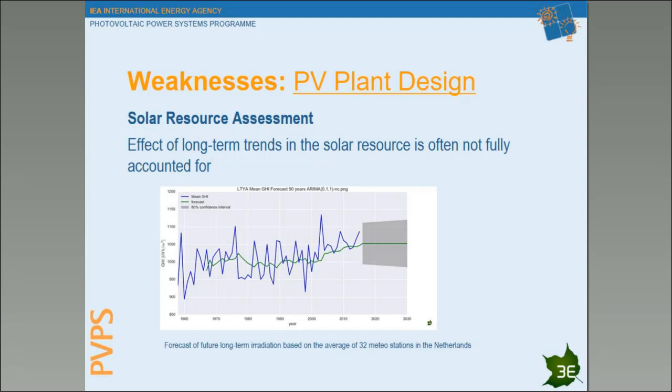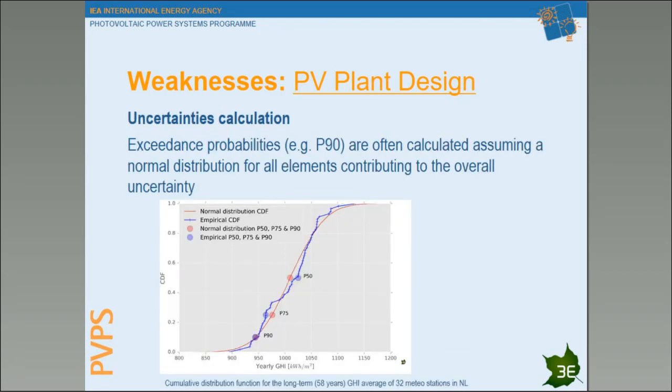Current practices today often do not take into account this effect, which means that by taking the average of the last 20 or 30 years, we may introduce in our models the effect of lower or higher irradiation in past years. Together with the Solar Bankability Consortium, we developed some models as recommendations on how to account for this, not only in the P90 values, but also tackling the uncertainty steps.